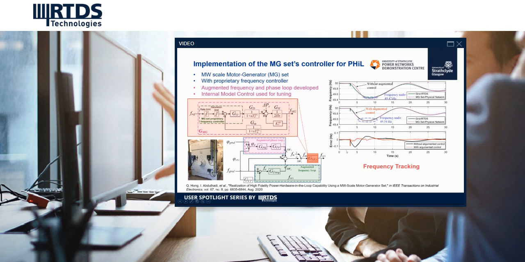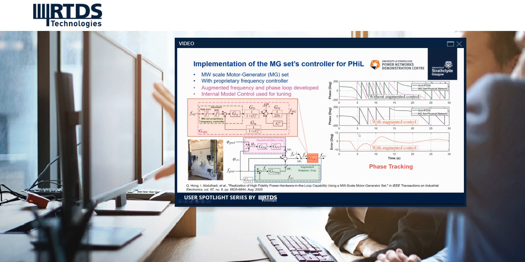Here are some results from frequency tracking. The first plot shows the original frequency tracking performance of the original MG set controller, and the second one is with the augmented frequency loop. You can see that it very accurately tracks the frequency during disturbance. And here is the plot showing the phase tracking.